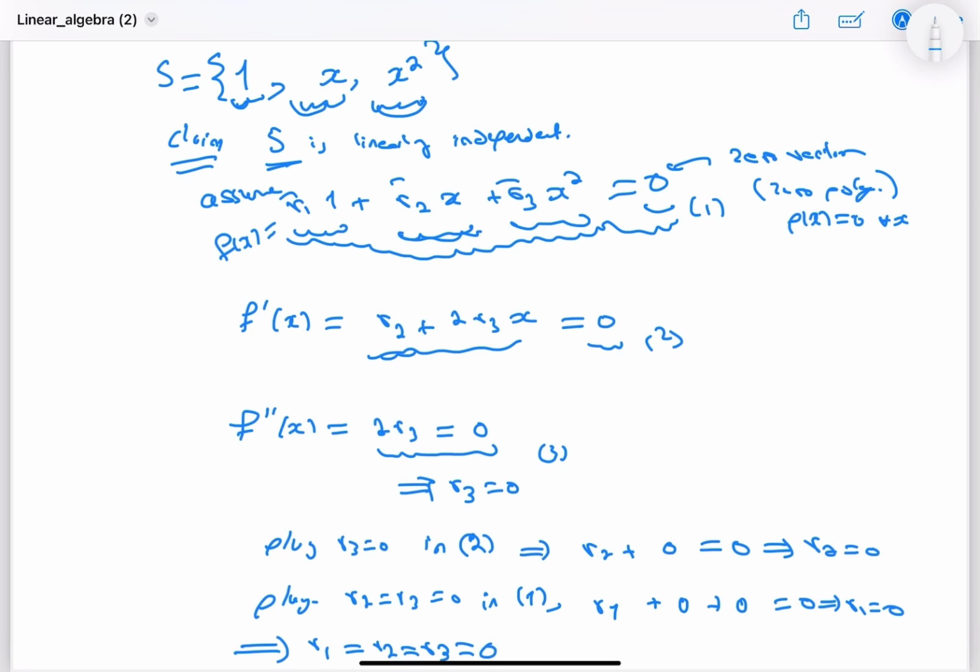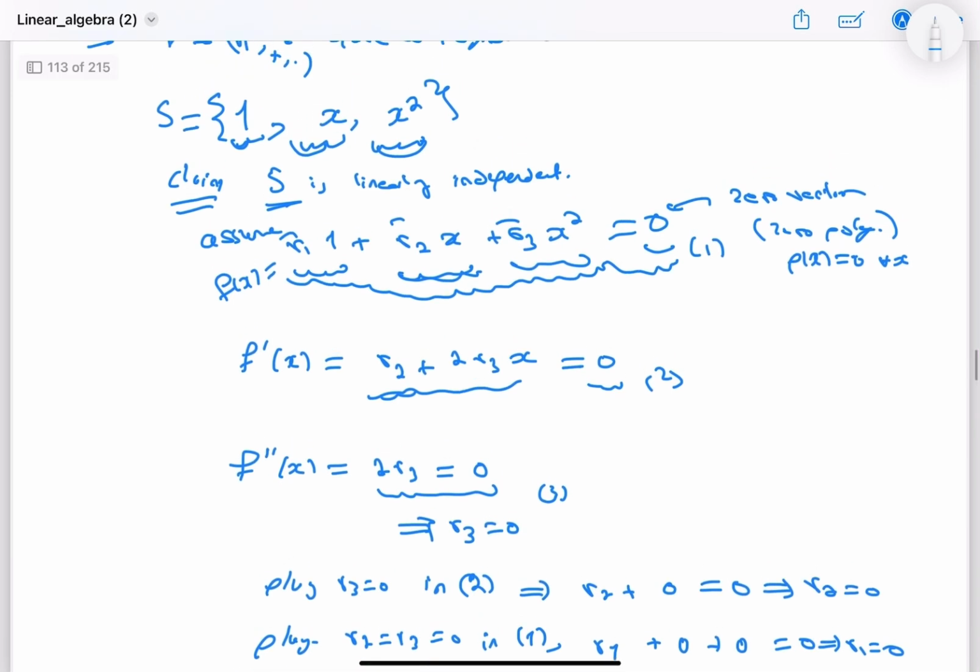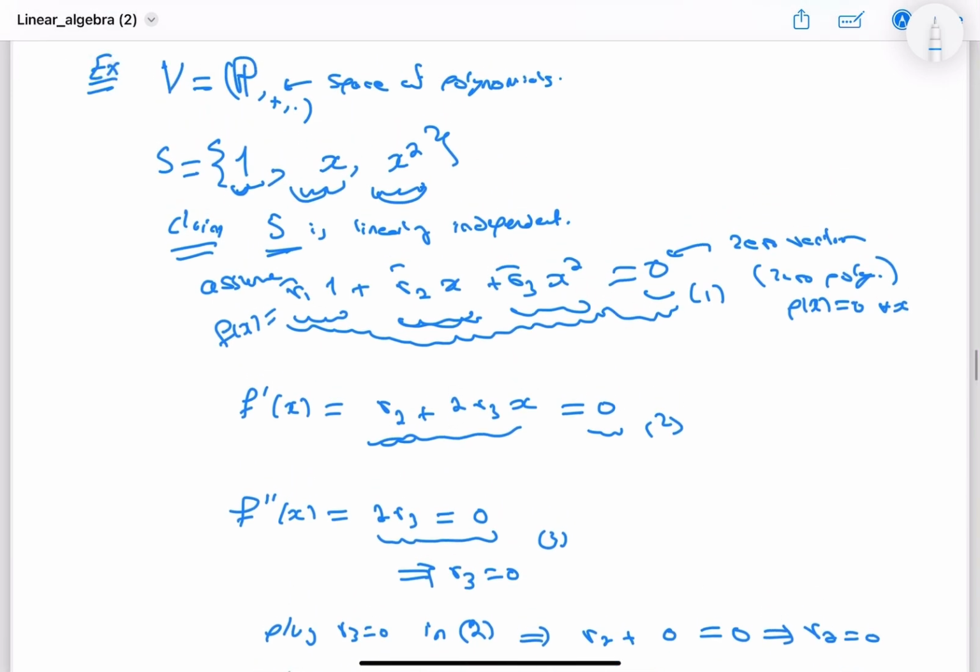And what was the motivation? Why did I take derivatives here? It's kind of annoying for you if you haven't seen this before. Well, the reason I took derivatives is that first of all, you should know that a polynomial cannot be equal to 0 for every x unless it's the 0 polynomial, right?